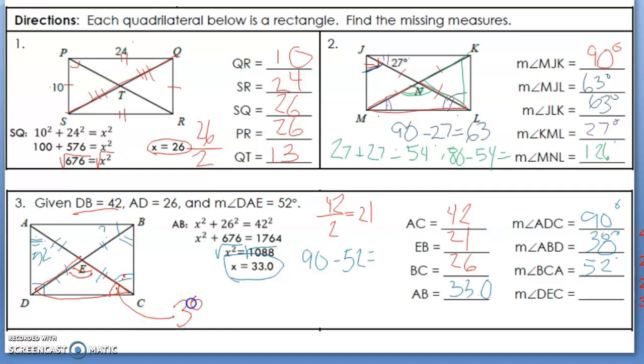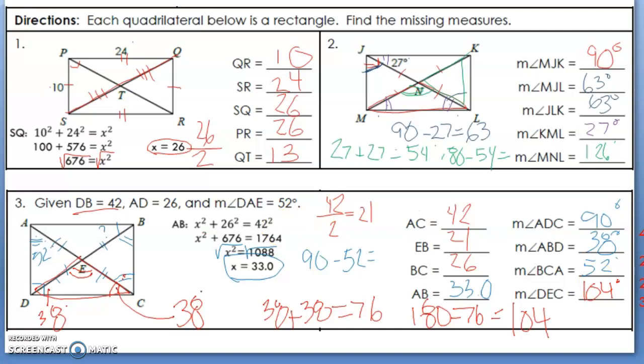That is 38 degrees. Because these triangles are isosceles, so is this angle, 38 degrees. So to find the angle we want, angle DEC, we add those together, and we get 76. Take 180 minus 76, minus the two angles we know, and we get 104 degrees for angle DEC.